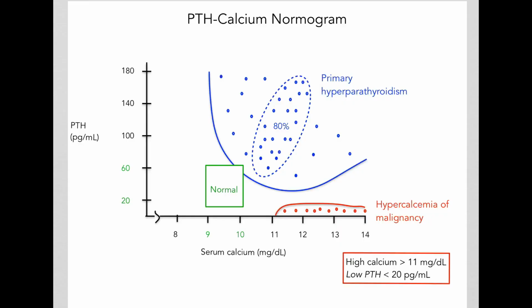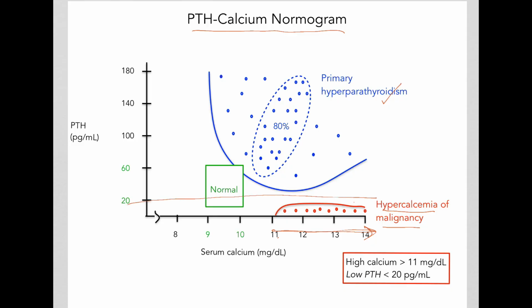So if we go back to our PTH-calcium nomogram, you can see primary hyperparathyroidism shown in blue here, and then you can see hypercalcemia of malignancy, the second most important reason, cancer. And in this case, you can see although the serum calcium is high, serum calcium is elevated, the PTH is low.